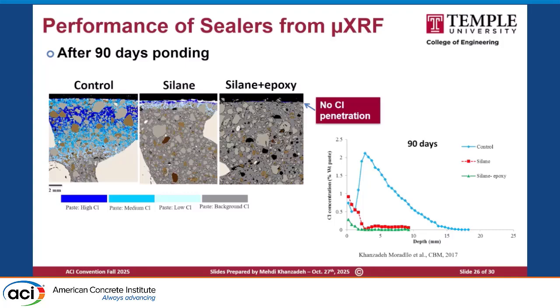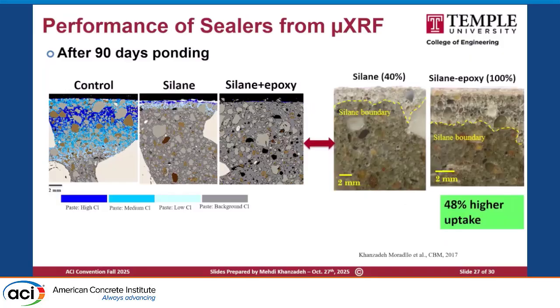We saw that the system with silane epoxy, the new system, after even 90 days of ponding, had no chloride penetration. In just the silane, we have a little bit of penetration, and compared to control, it's much higher, right? So again, we can quantify it. We can look at the performance of the different new materials that they want to specify for their different projects.